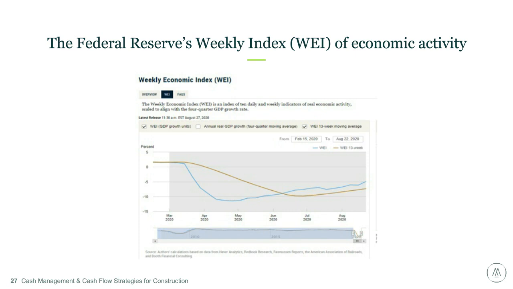The WEI represents the common component of 10 different daily and weekly series covering consumer behavior, the labor market, and production. I won't go into all the different nuances, but they're basically around gasoline, fuel consumption, steel production, unemployment filing for claims, things that are in the moment and more timely. What this chart is showing is that, yes, things have been recovering slowly since April, but we do still have a fair amount of room to improve.